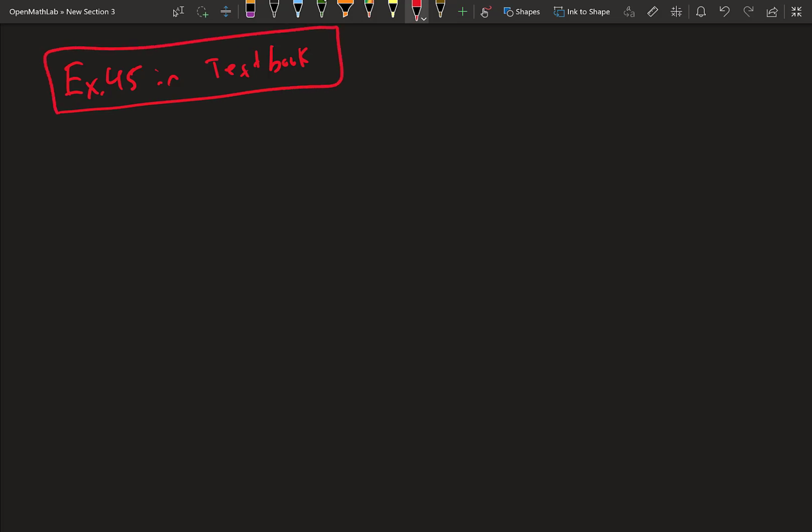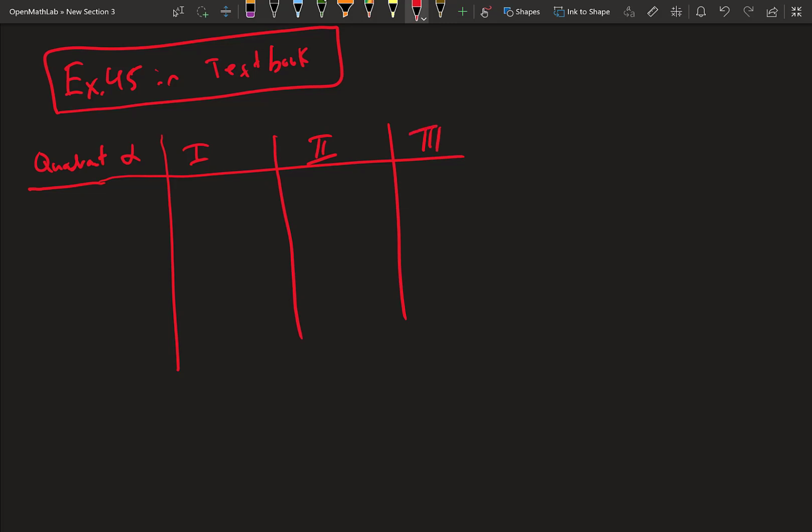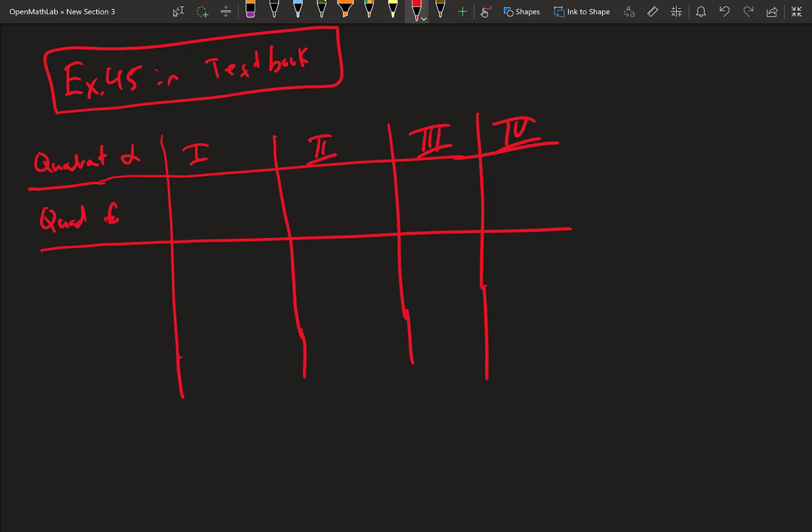In exercise 45 in the textbook, we're basically thinking through, if we have this table, let's say this is the quadrant for some angle alpha. So we have quadrant 1, quadrant 2, quadrant 3, quadrant 4. And let's try to think through what the quadrant would be for alpha divided by 2.